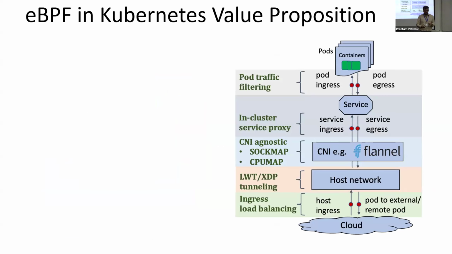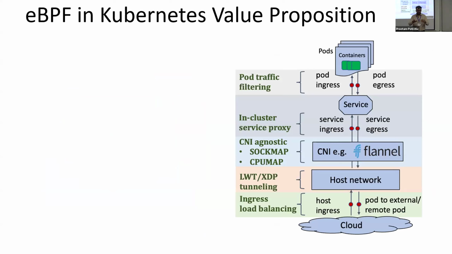With that in mind, let's look at the Kubernetes network stack in one single picture. You have your cloud where you have host ingress and pod to external communication. On top of that, you have the host network of any host that is there in your Kubernetes cloud.